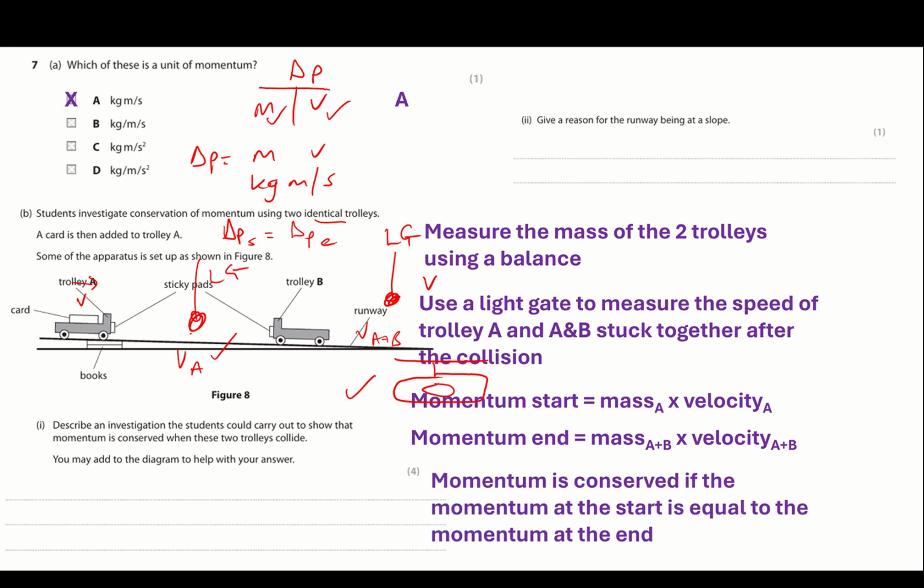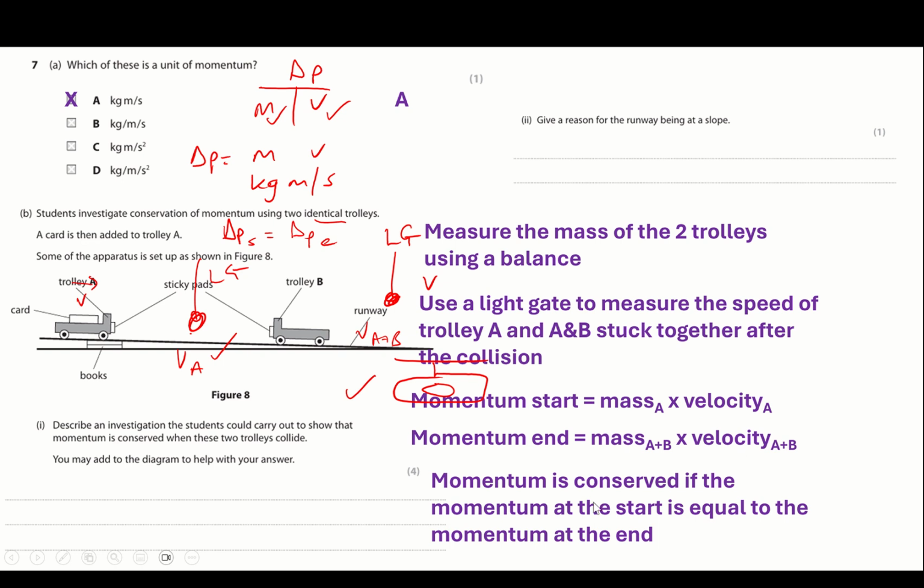So momentum is conserved if momentum at the start, mass A times velocity A, equals the mass of A plus B times the velocity of A plus B. And what we'll see is the mass of A and B together has gone up, but because of this, the velocity of A and B will be less, but the product of the two will be the same.